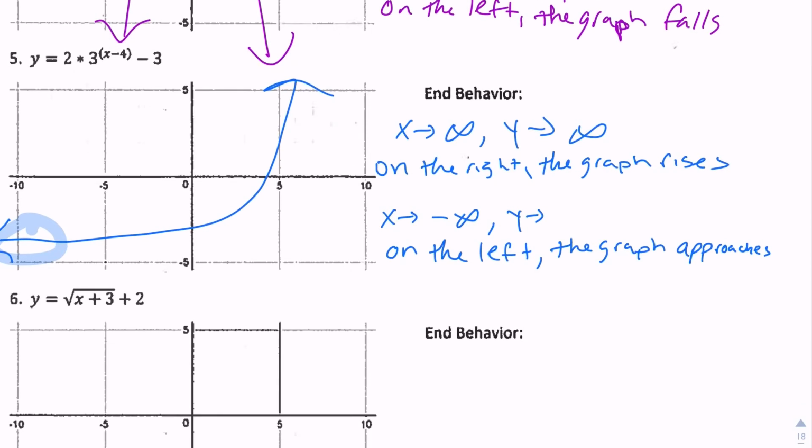And then we're going to say -3, and we would put -3 here. Those are a little bit trickier, right? And to be honest, I'm more concerned that you can do the infinity ones, but I did want you to see a couple examples that they don't always rise or fall. Sometimes they do level off. So we say the graph approaches or levels off at -3. So the graph approaches -3.